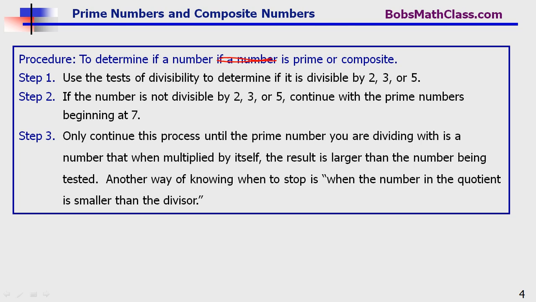Now, if the number is not divisible by 2, 3, or 5, we will continue with the prime numbers beginning at 7. Now, there wasn't a test for 7, so we just have to check to see if 7 divides evenly into the number. If 7 doesn't work, then what's the next prime number after 7? And that is 11.